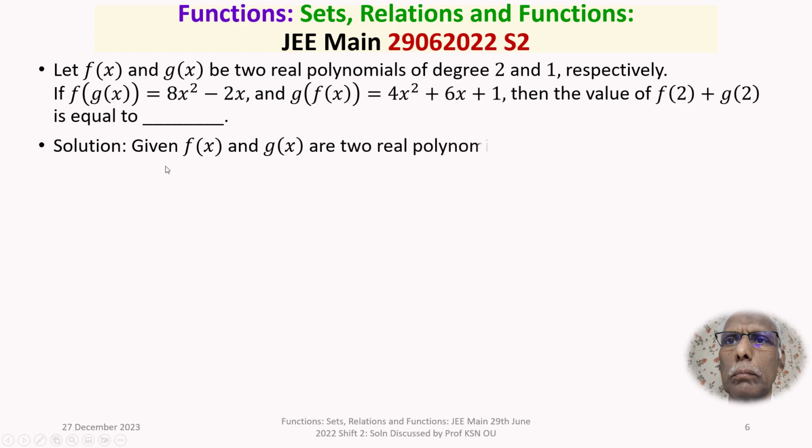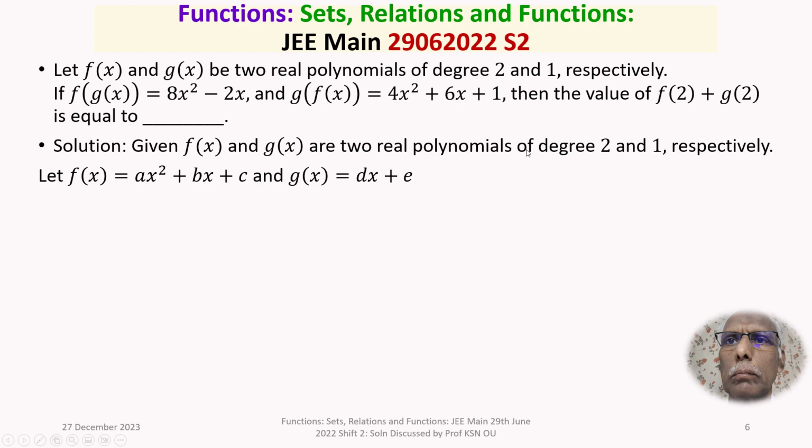Given f of x and g of x are two real polynomials of degree 2 and 1 respectively. A real polynomial means it's a polynomial whose coefficients are real numbers.